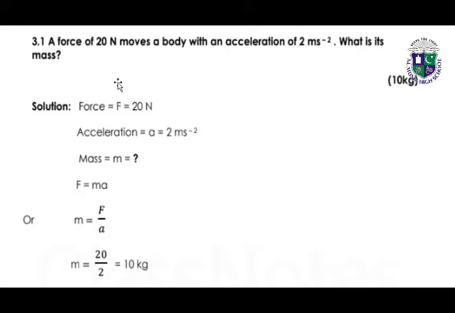What is its mass? Here in the first numerical, some data is given. Force is 20 Newton, acceleration is 2 meter per second square. So we have to find out the mass. Here we have the formula of Newton's second law of motion. By rearranging it, we will get the value of mass, which is 10 kg.